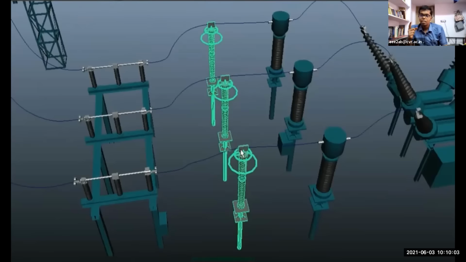That surge might be 10 times, you can't tell exactly. So a sudden rise in the voltage happens. For suppressing that current or voltage, this surge arrestor is installed, and also for lightning.